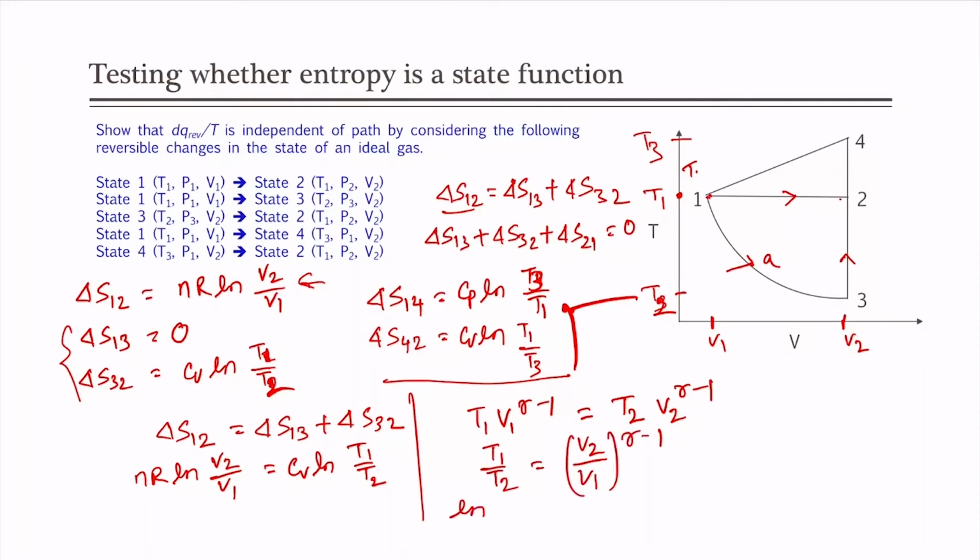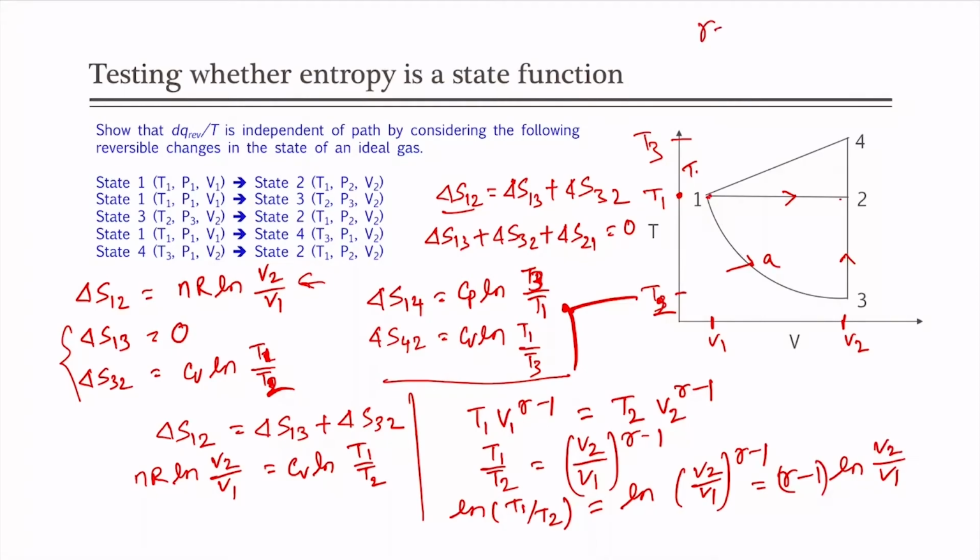Take ln on both sides, giving us gamma minus 1 times ln V2 by V1. And what is gamma minus 1?